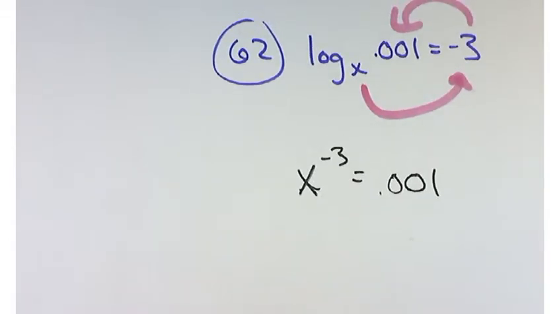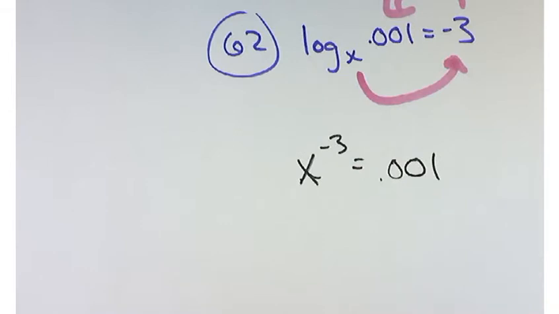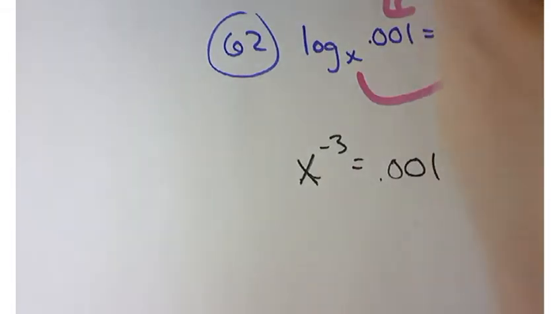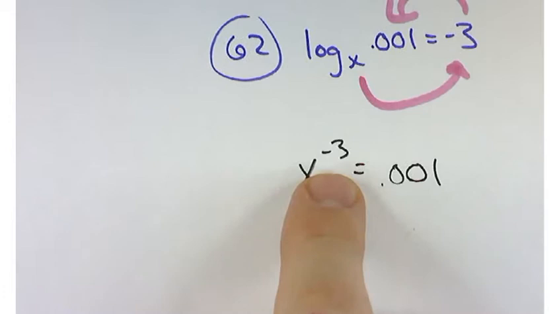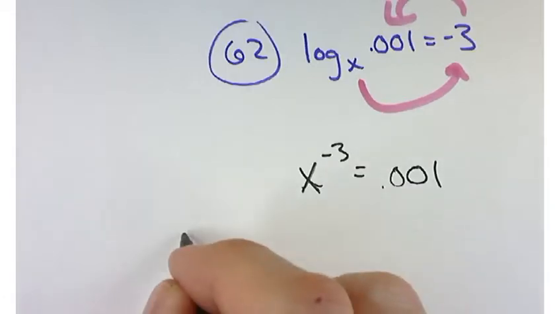Now there's a trick in solving these things. I mean, you can solve it kind of like the long way, or you can solve it the short way, the most efficient way. And the most efficient way goes back to stuff that we've done before in this class, and that is to raise both sides to the reciprocal power of the exponent. So let me write that down here for you.